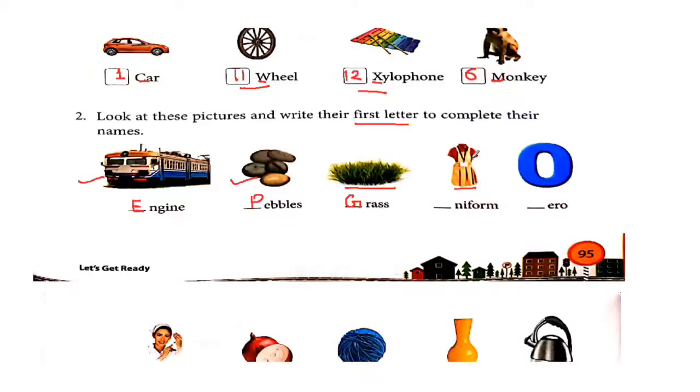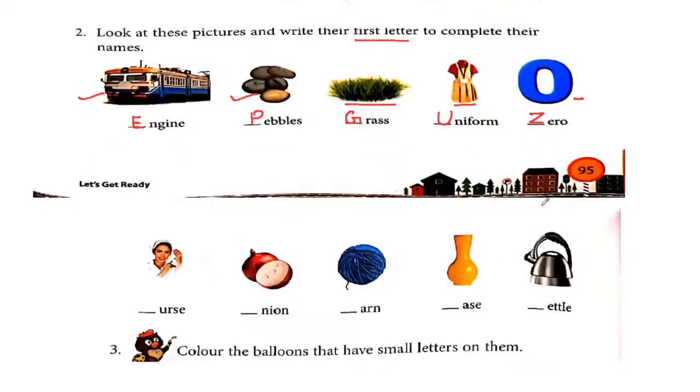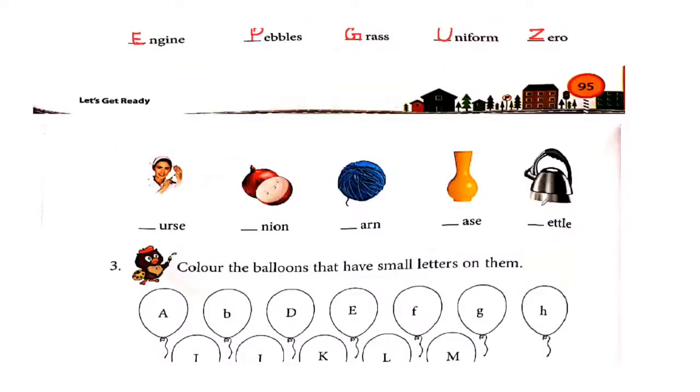What is this? The I card is given, identity card is given. So it must be a uniform. So U, uniform. This is zero. So Z, zero. Now what is this picture about? This is a nurse. So N, nurse. The picture is of onion.